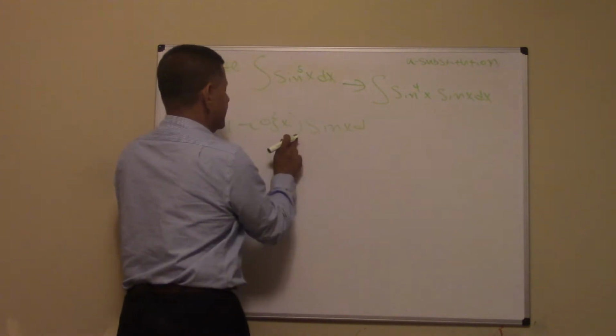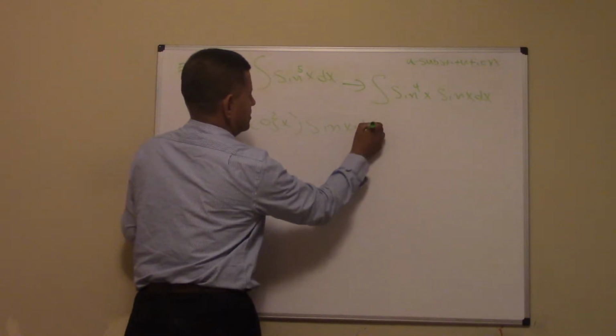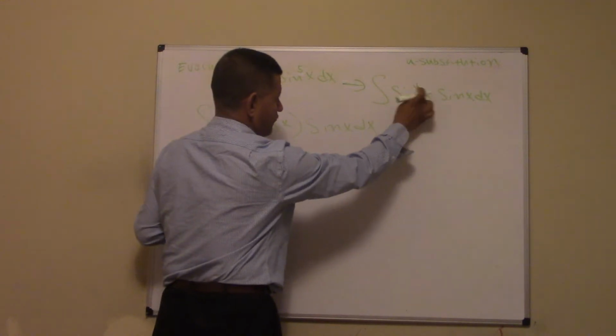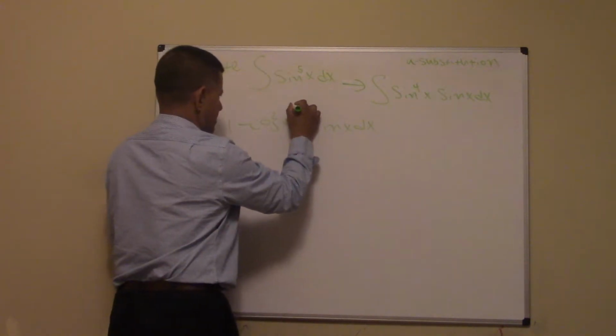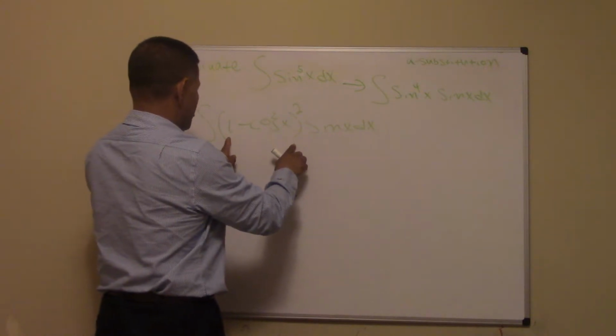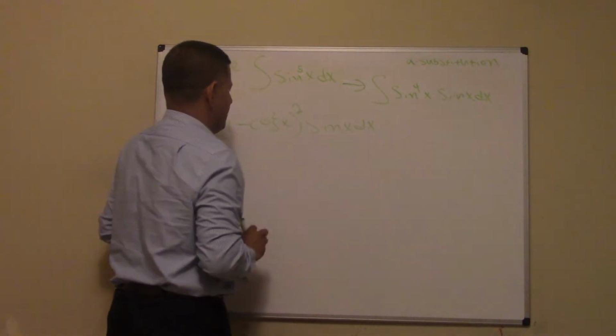But here, because I have it to the fourth power, I can rewrite this identity multiplied to the second power, right?